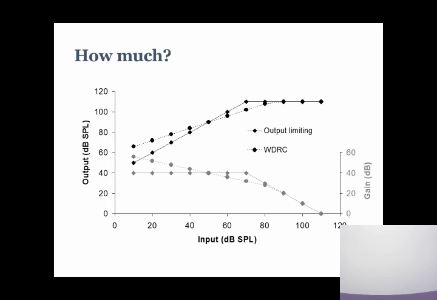Now, first question was how fast do we have to do the compression? The second question is how much do we want the compression to be? And there are two general options that I already mentioned. One is output limiting, so we have just a linear amplification. Just look at these black dots in here. So the input level versus the output level, we have a threshold here of about 60 decibels, so that's a moderate hearing loss.